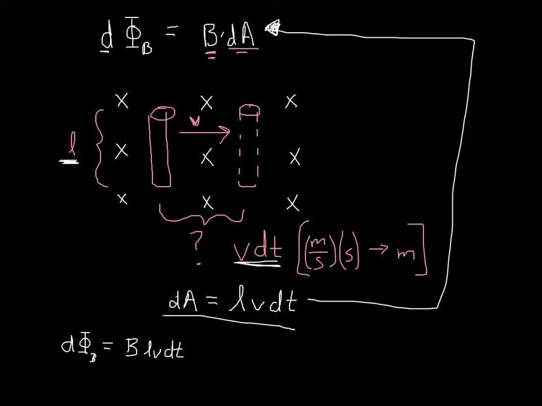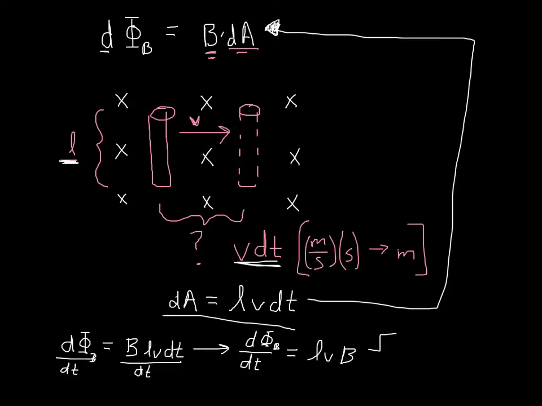Let's get all of my derivatives on the same side, so I'll divide both sides of this by dt. Just doing a little bit of algebra here to find d phi dt, the derivative of my magnetic flux, is equal to L times V times B. Exactly what I expected.